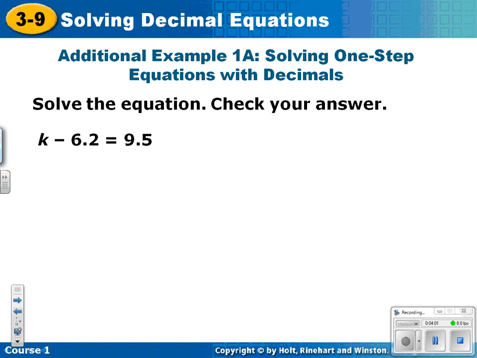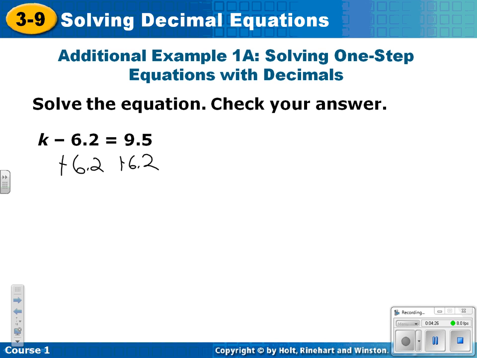All right, so you have this problem. What's happening to the variable? By how much? It's being subtracted by 6.2. What's the exact opposite of subtraction by 6.2? So plus 6.2, what do we have to do? What's rule number 2? Plus 6.2.